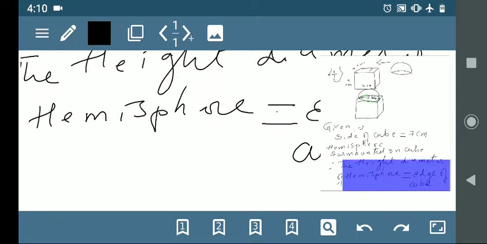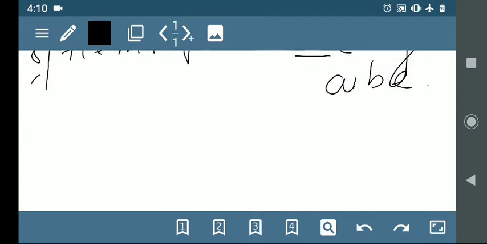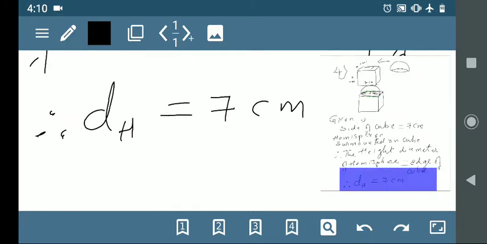Therefore diameter of hemisphere is equals to 7 centimeter.